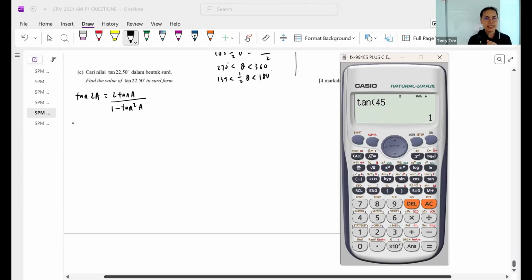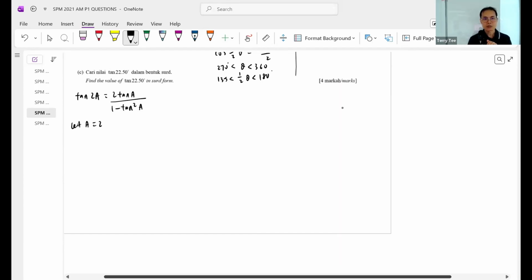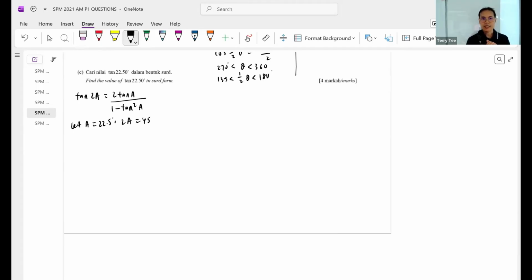So we let A be 22.5. Tangent 2A, let me write, 2A becomes 45. So we write tangent 45 is now 2 tangent 22.5 divided by 1 minus tangent squared 22.5.